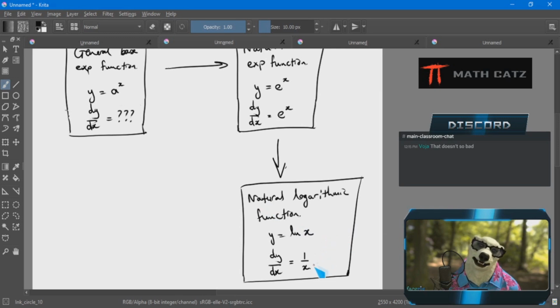But like I said, I can't explain why it is, given the tools that we have right now. It just is. But before the course is done, we will be able to come back and prove that it is 1 over x. And it's actually not even that hard. It's just a matter of where you're at in your journey.